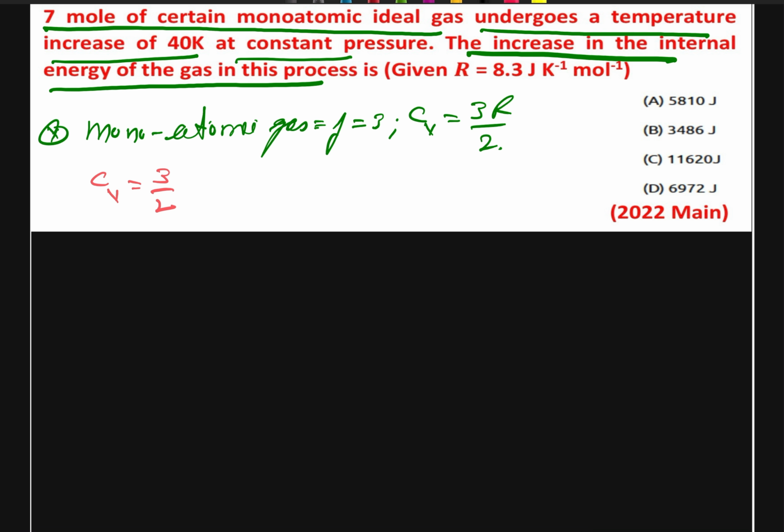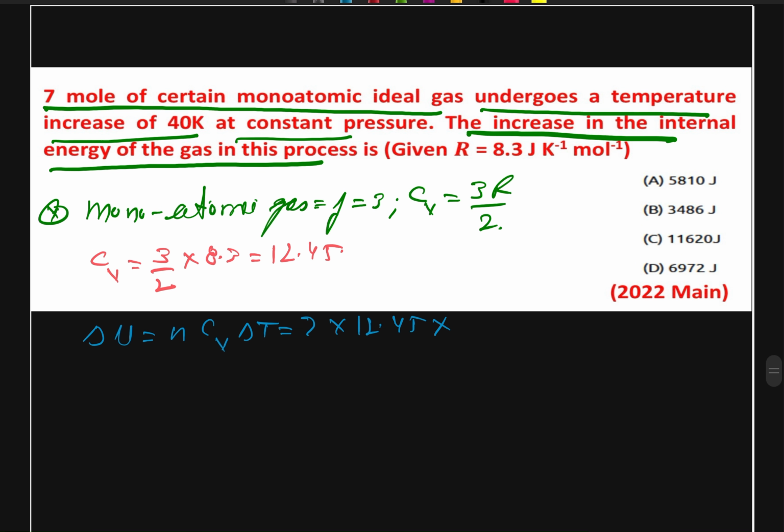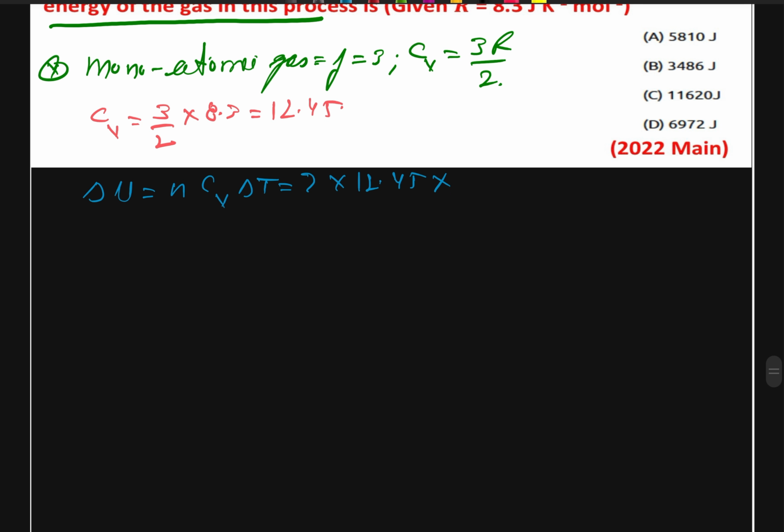So we substitute the value of R, we get 3 by 2 times 8.3, which gives us 12.45. Now we can find out delta U is equal to n C of V delta T. Number of moles is 7, C of V is 12.45, and delta T is our increase, 40 Kelvin.